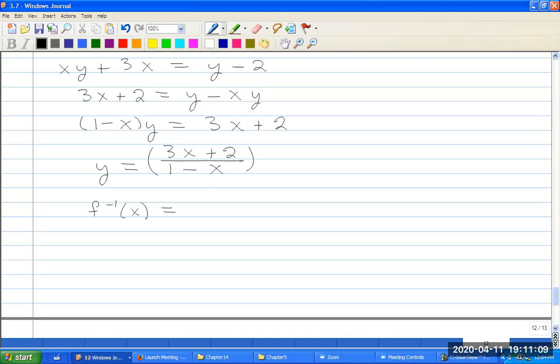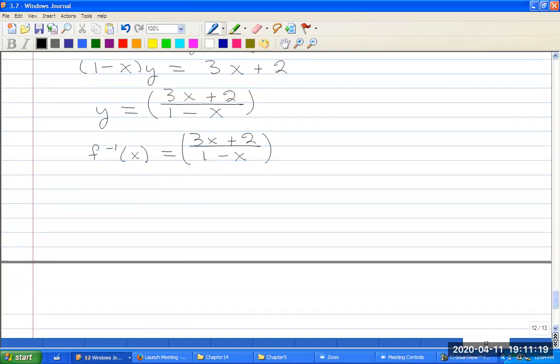It's just equal to 3x plus 1 over 1 minus x. So now let's find the range of f, using the fact that it is the domain of my inverse function.